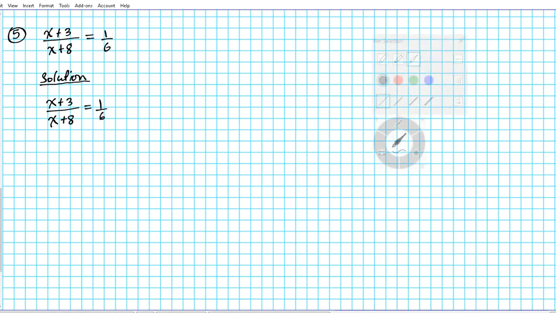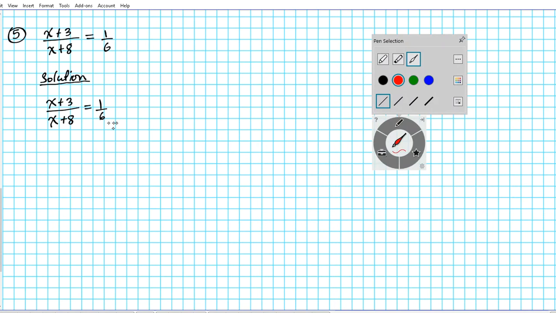Alright, let's go ahead and input our nice little star. So we have the numerator on the left be multiplied by the denominator on the right. And then the denominator on the left be multiplied by the numerator on the right. What does that yield? We have 6 times the quantity x plus 3 is equal to 1 times x plus 8.